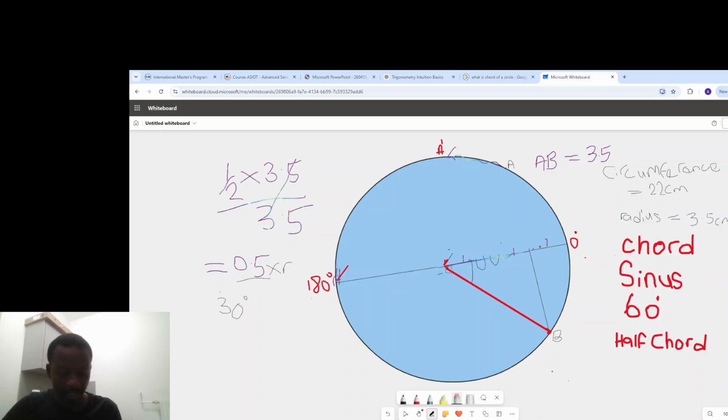In that case, I will redraw the points. Maybe we have this. Okay, let me have here this one as B, and then we will have our next point to be B prime.